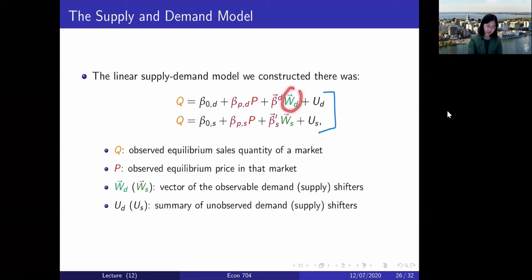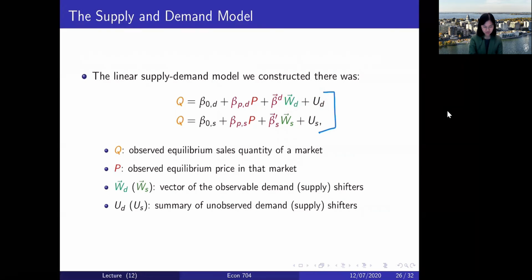And the WD are the demand shifters, observable demand shifters, maybe the income level of the market or the population of the market. And UD include the unobserved demand shifters, like the culture norm of the market or the weather of the market and so on. Suppose we don't observe those things.